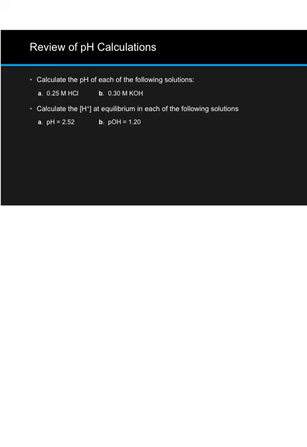So for one thing, to calculate the pH of a solution, we need to take advantage of the equations that we wrote on the previous slide. If we know the concentration of H plus cations in a solution, we can determine pH directly by taking the negative log of their concentrations.